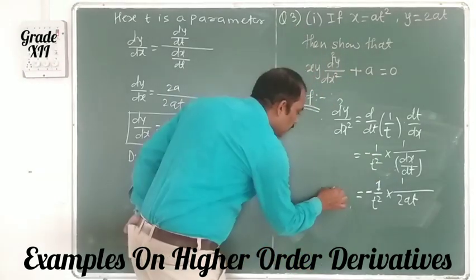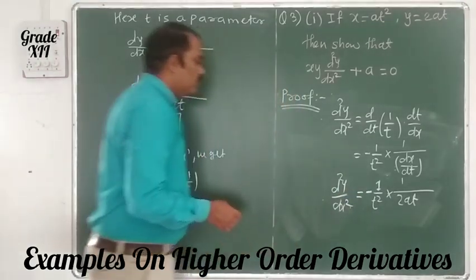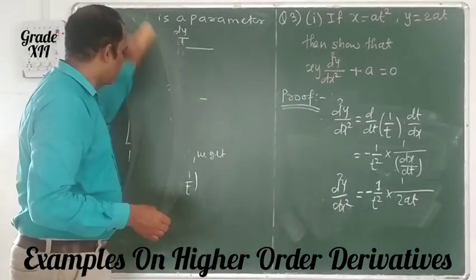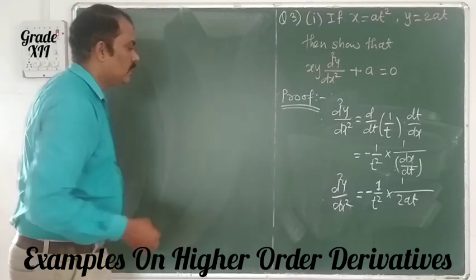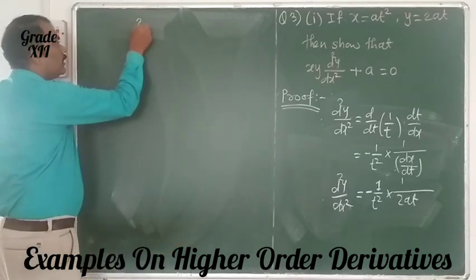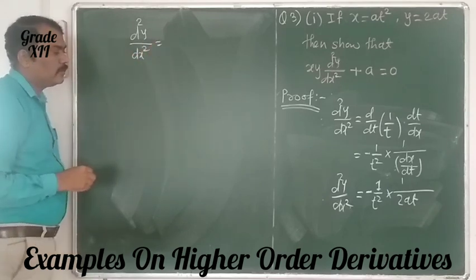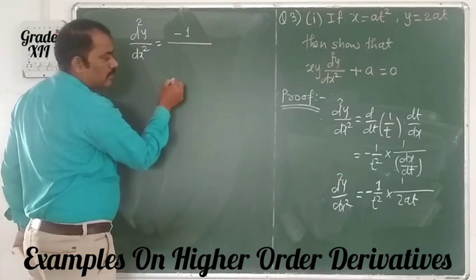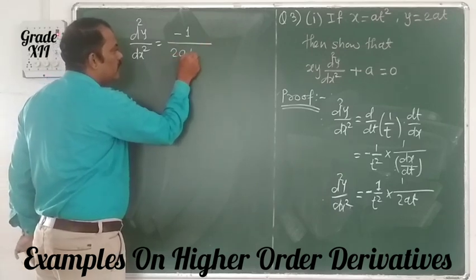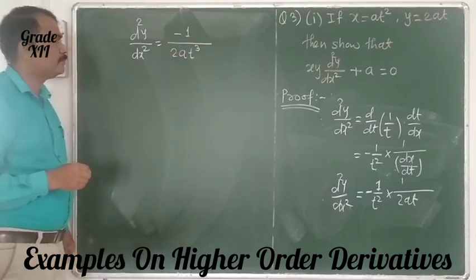This is nothing but d2y by dx square. So d2y by dx square is equal to minus 1 upon 2a into t cube.